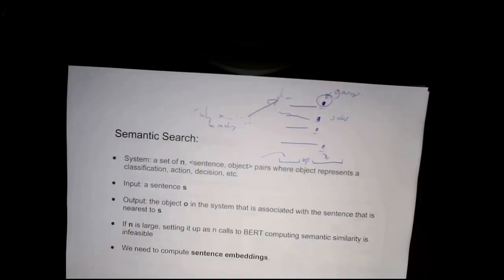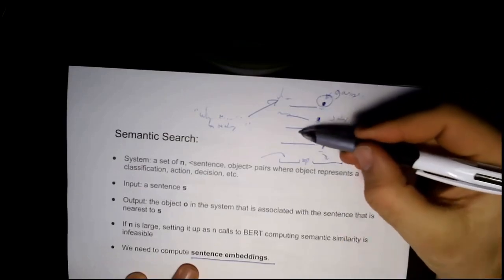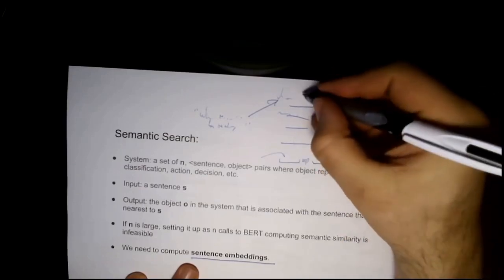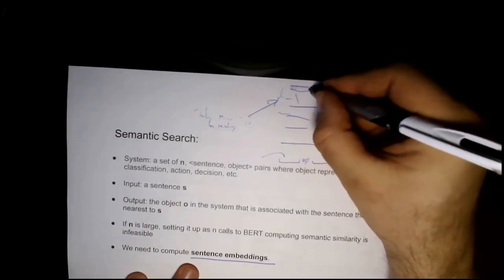So then what do we do? What we really want to do is calculate sentence embeddings. We take each of these sentences that are associated with objects and compute a vector in embedding space for them.